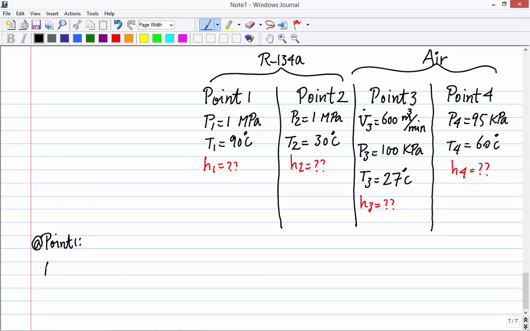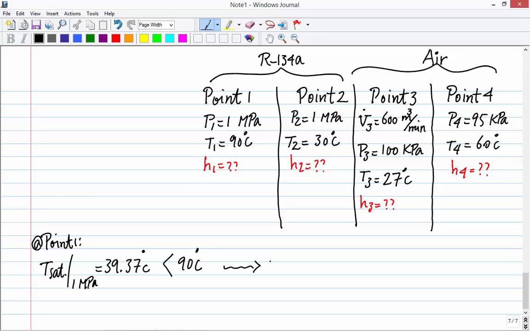So this is what I've done. I said that the saturation temperature at 1 megapascal was 39.37 degrees C, which is much less than 90 degrees C. So I made this judgment that it means my gas is hot.